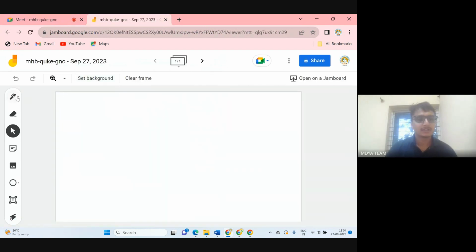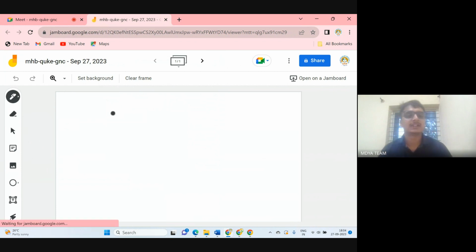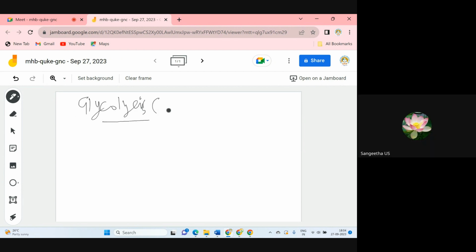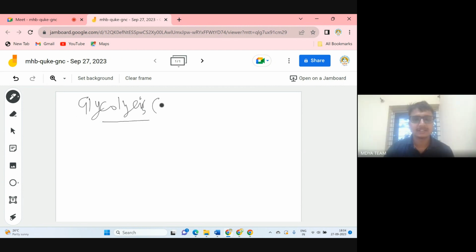Okay, so let's have a quick revision. First, I told you there are three steps in which glucose is being broken down and energy is produced. First step, glycolysis. Where does this step take place? Within the cell.